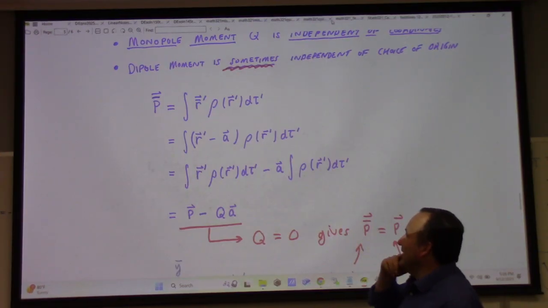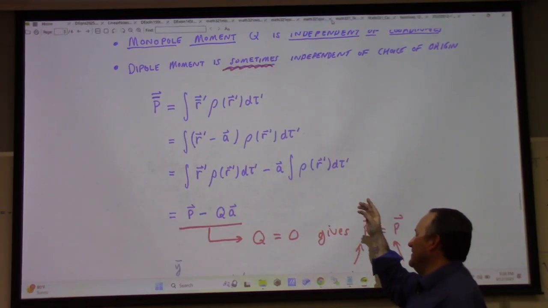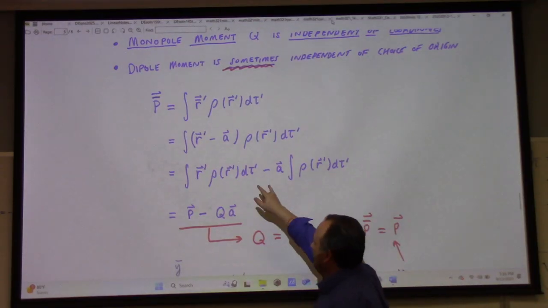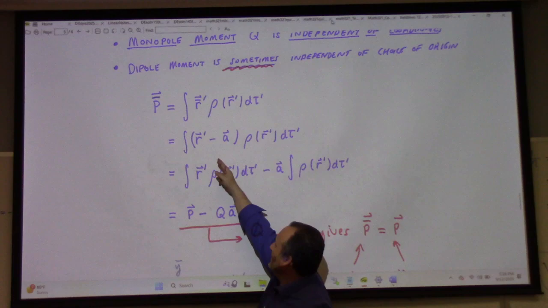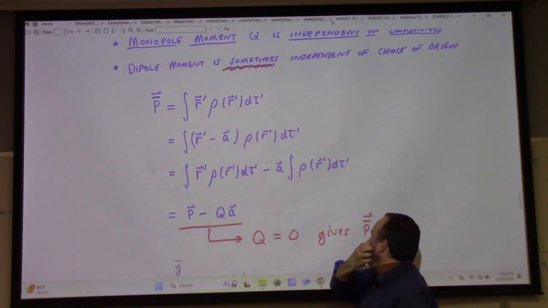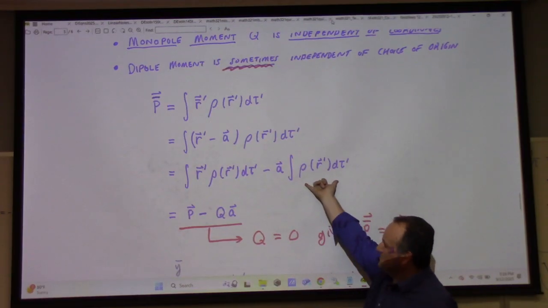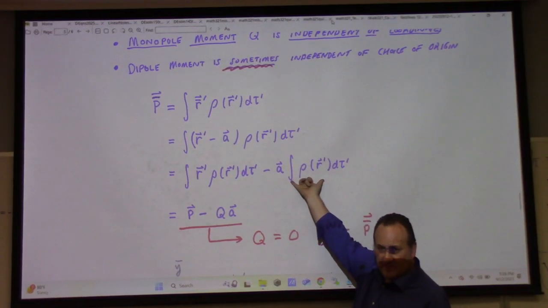Don't think too hard about the notation here, but the point is that r bar is actually r prime minus a, and then this integral gives you this integral minus that integral, but this is just q. This is just q, you see.